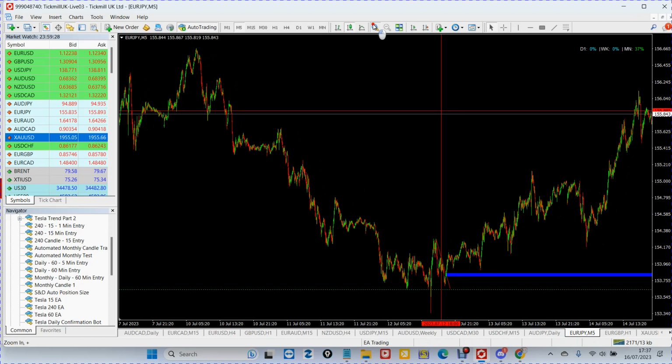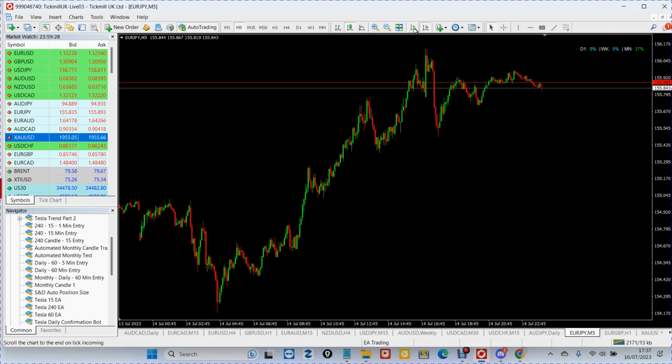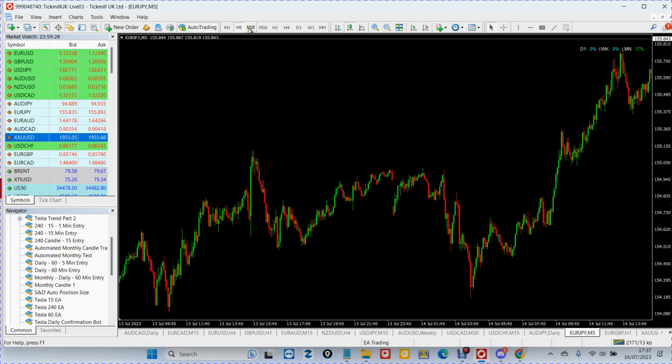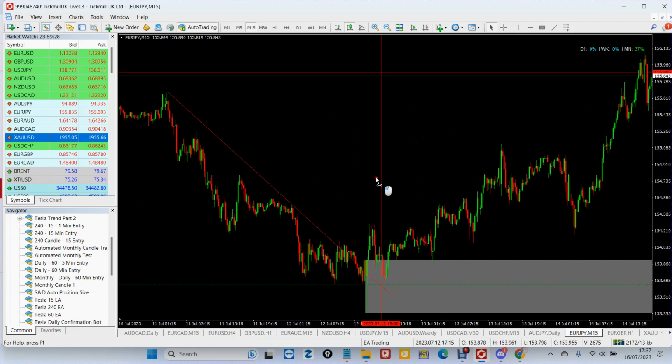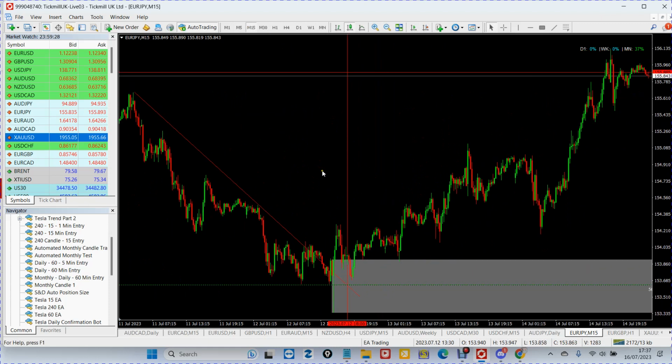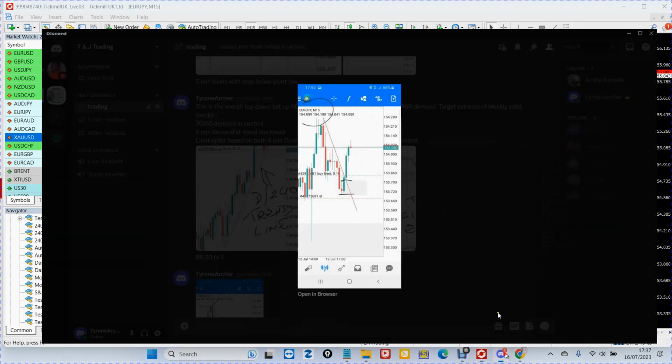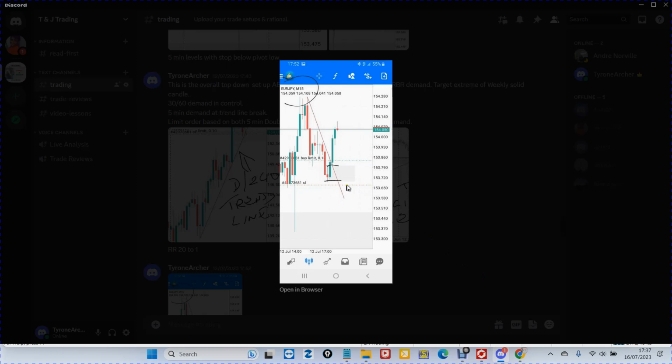I've been stopped out again on that broker, so it was on the phone. So it's around that area that I was in, and that one there stopped me out. So 153.80 something stopped me out of this position at 153.60.